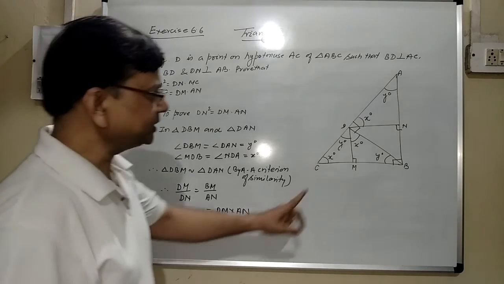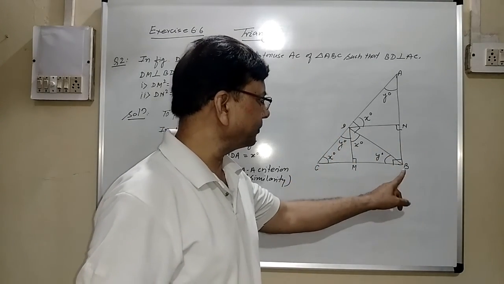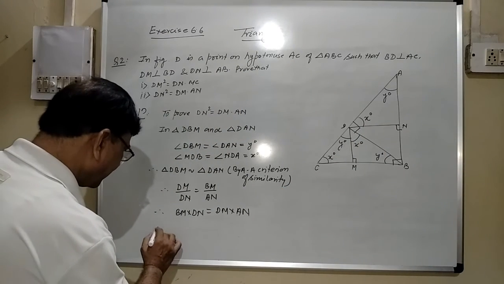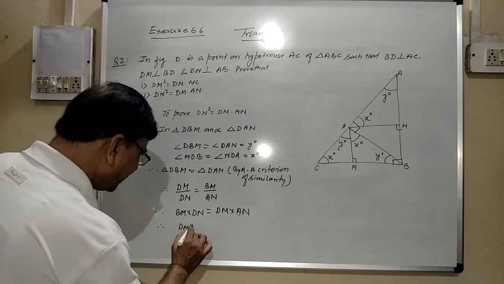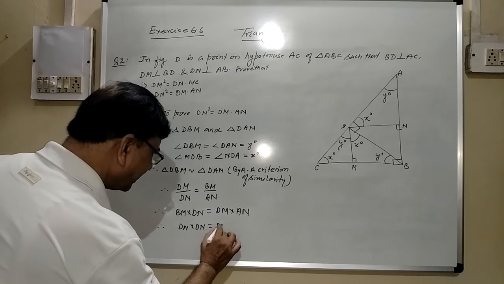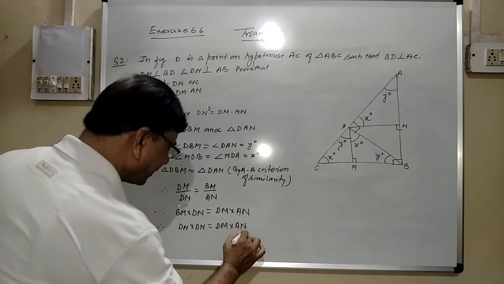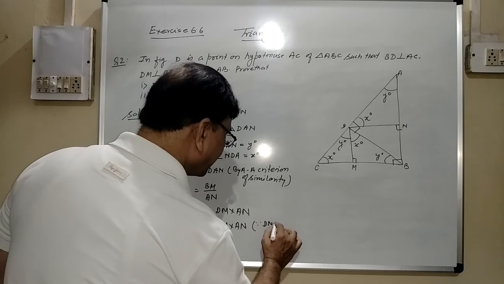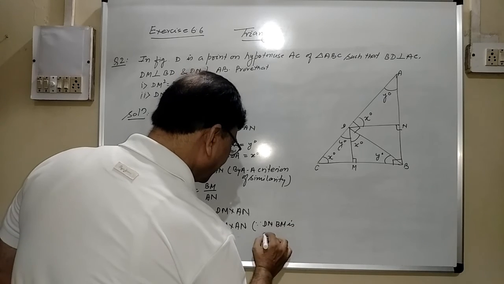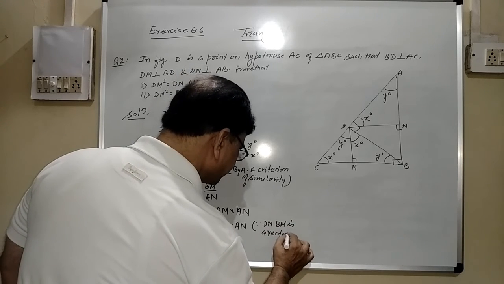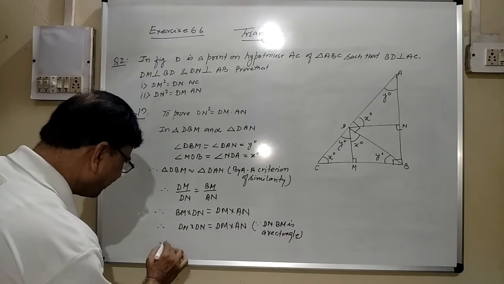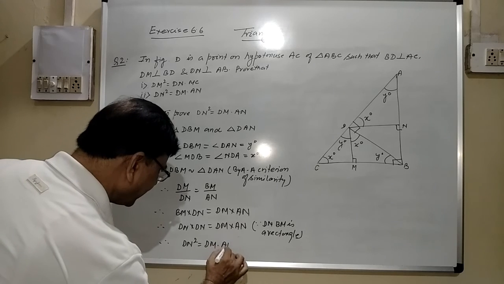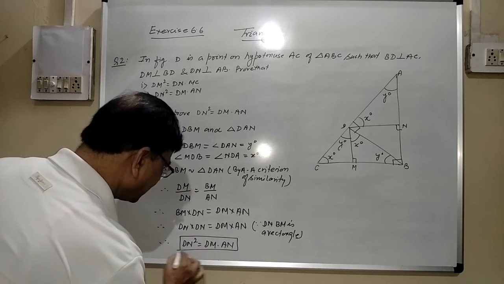You see in this rectangle DNBM, BM is equal to DN. Right? Therefore DN into DN is equal to DM into AN. Since DNBM is a rectangle, therefore DN square is equal to DM into AN. This is proved.